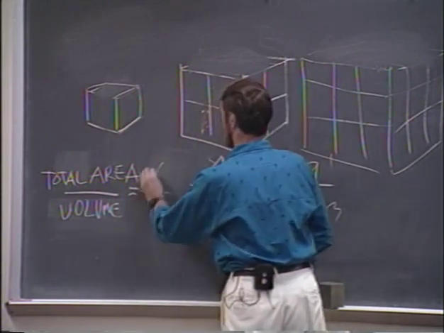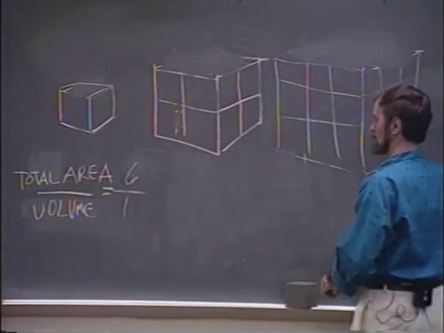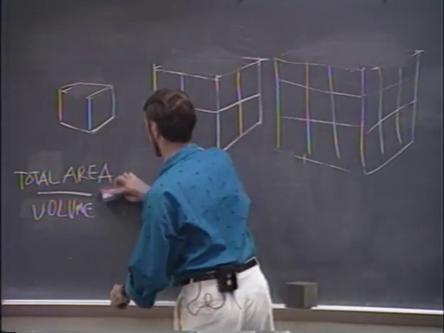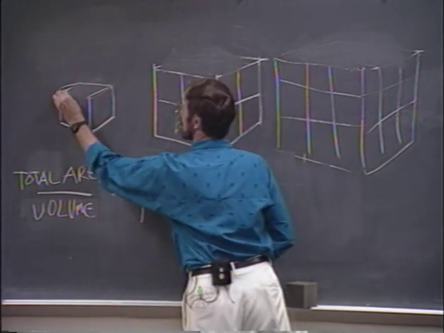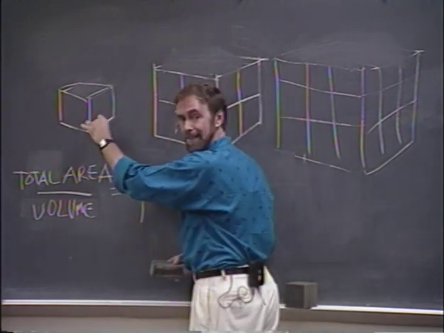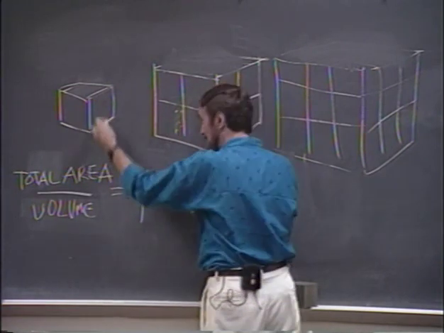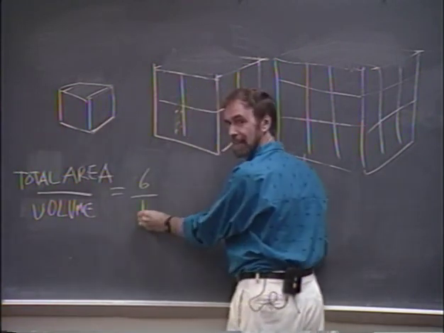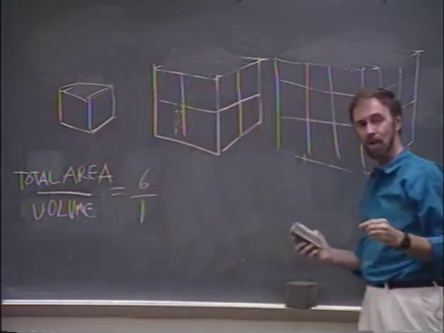Here it's 6 to 1. What am I putting 6 to 1 over here for? Because there's six square units compared to 1 cubic unit. The volume of this is this times this times this, 1 cubic unit. The area is 1 times 1, but you get 6 of them. So it's 6 to 1.